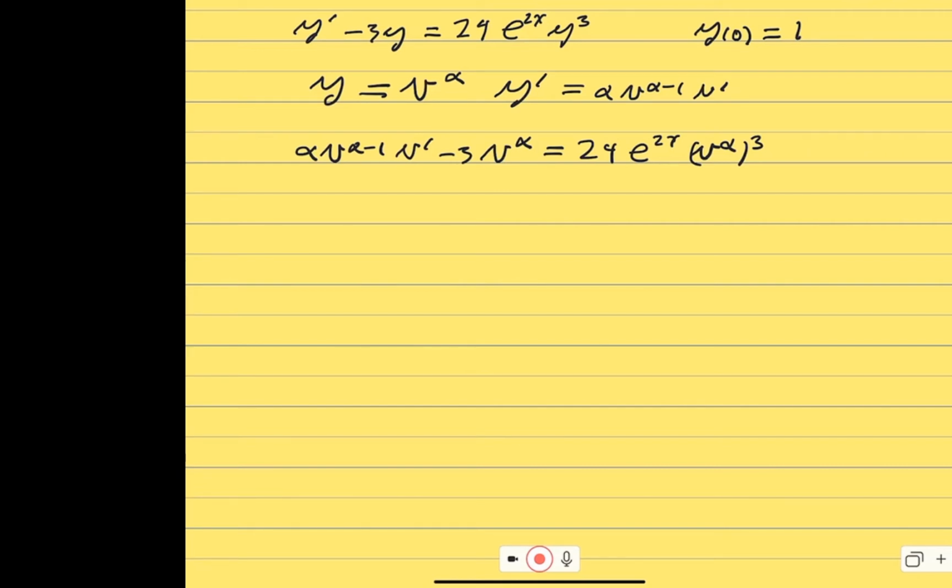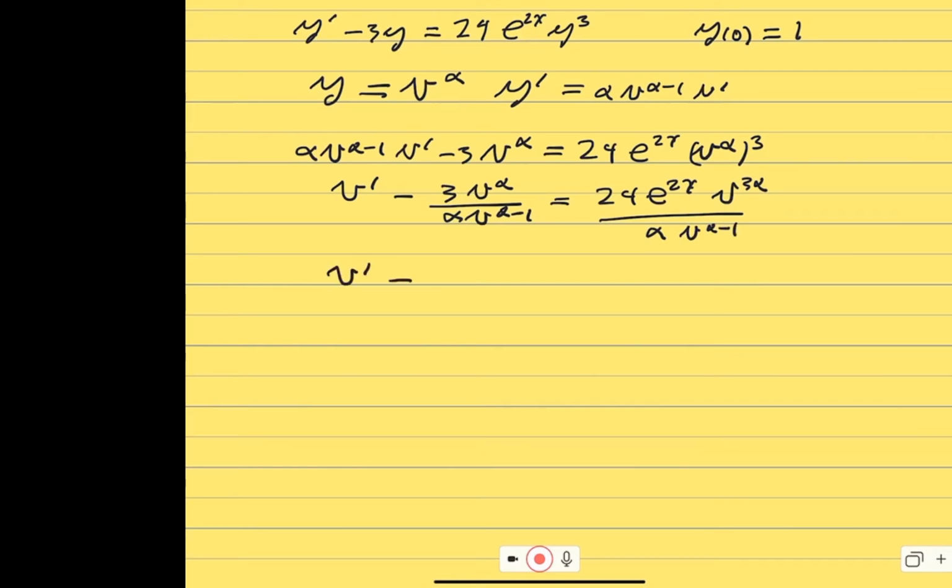So let's divide through by what's in front of the derivative term, and that gives me v prime minus 3 v to the alpha over alpha v to the alpha minus 1 is 24 e to the 2x v to the 3 alpha, and on the bottom I have an alpha v to the alpha minus 1.